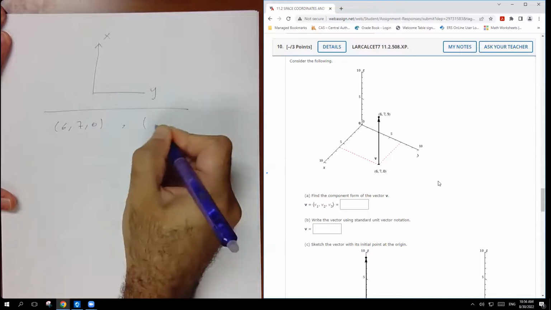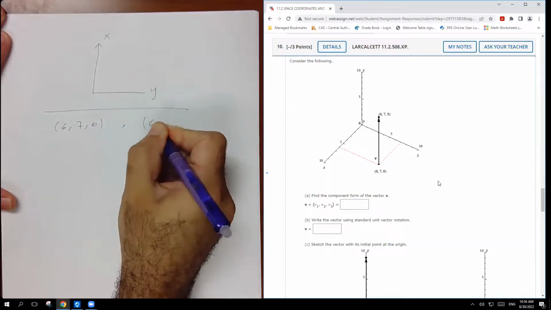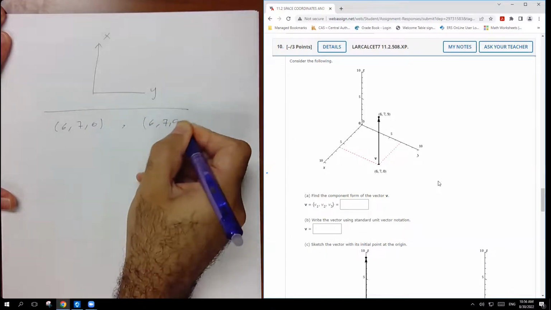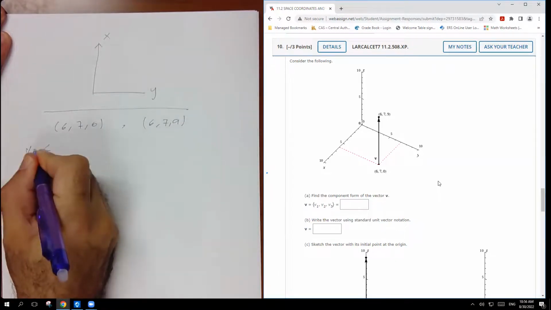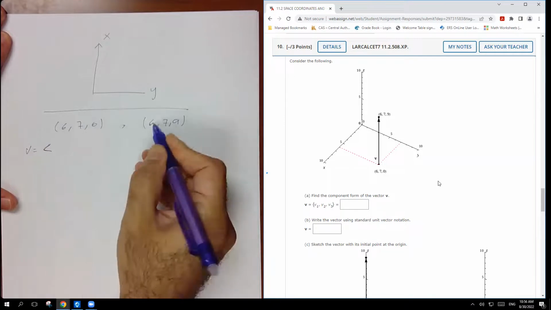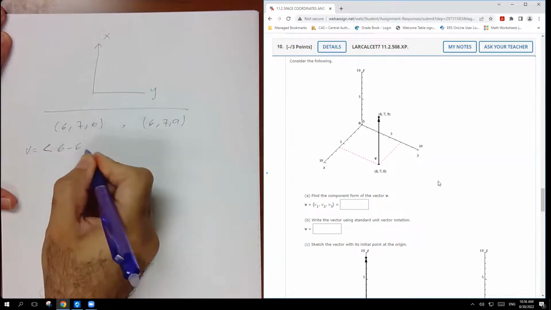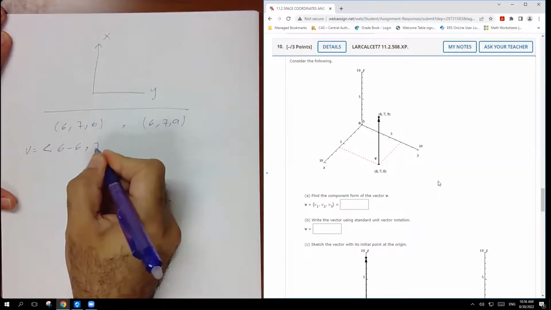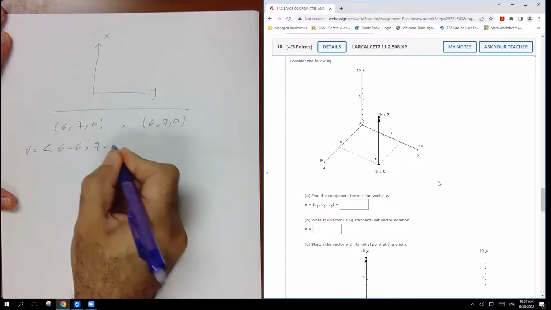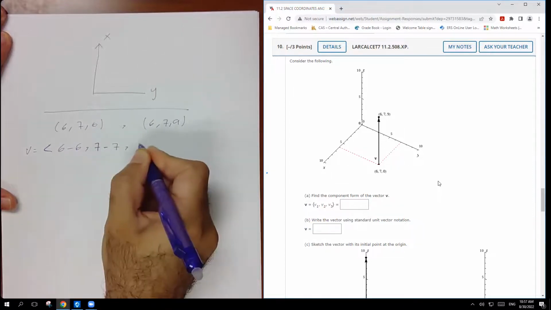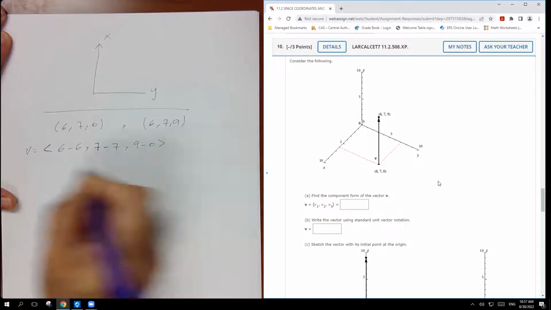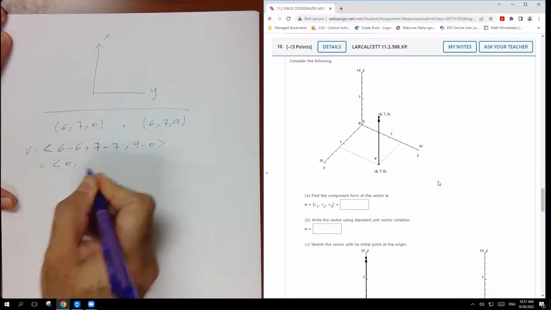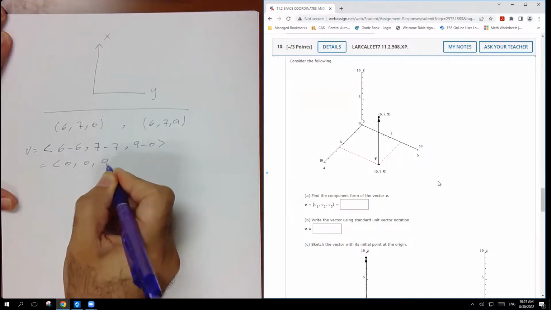And the terminal point is 6, 7, and 9. That means the vector V is equal to 6 minus 6, 7 minus 7, and 9 minus 0. So it's going to be 0, 0, and 9.